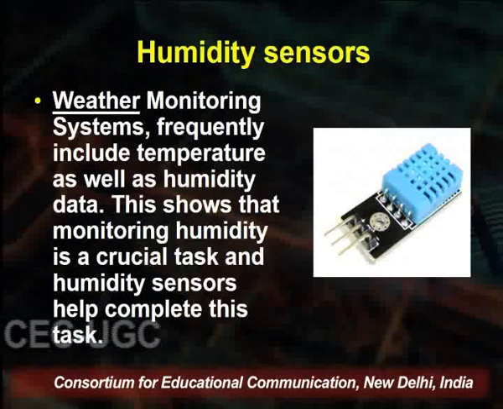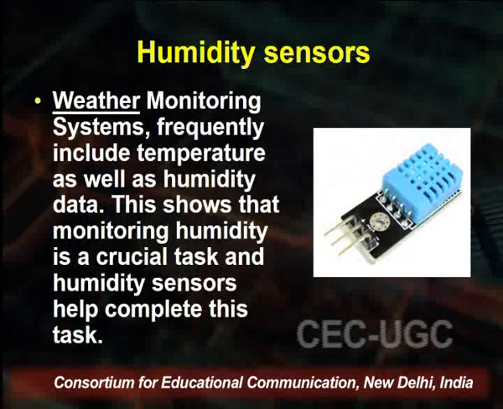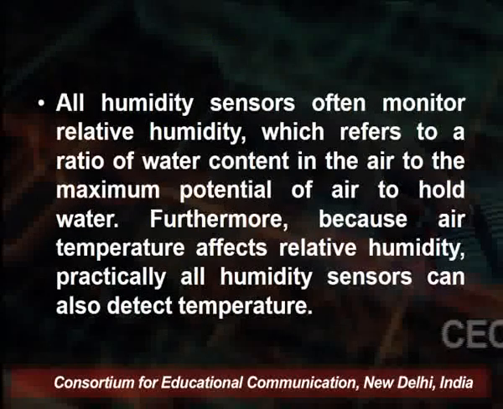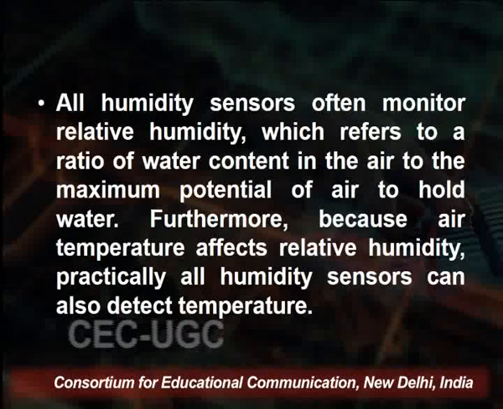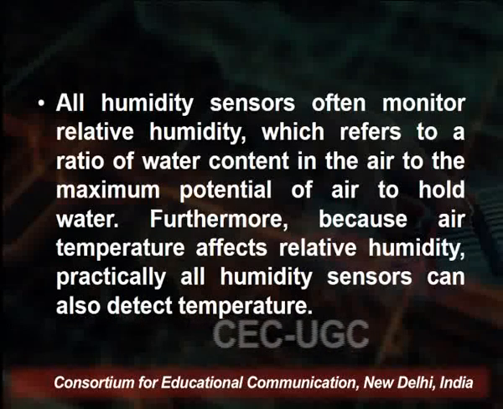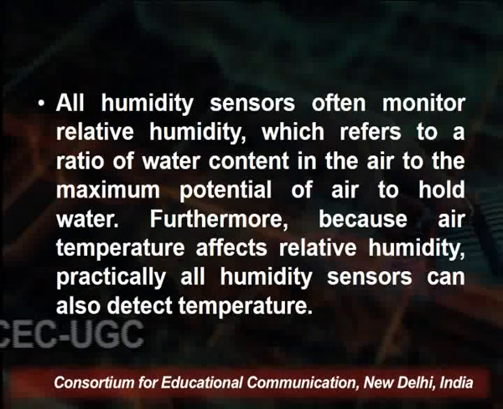This shows that monitoring humidity is a crucial task, and humidity sensors help complete it. Humidity refers to the ratio of the water content in the air to the maximum potential of the air to hold water. It means the water content in the air can be detected through this humidity sensor.